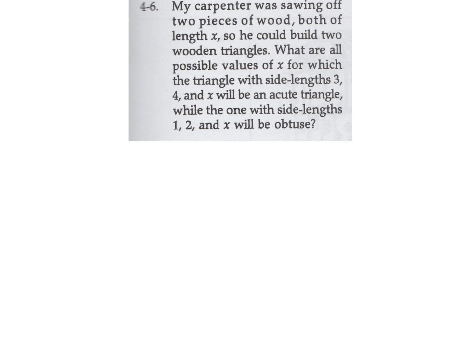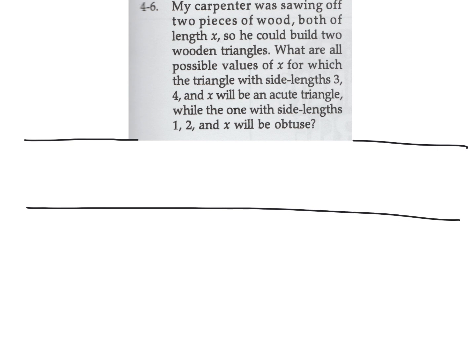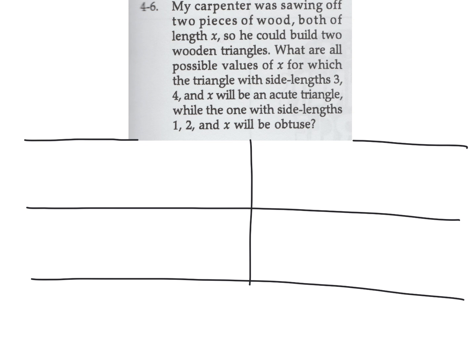Okay, well, I guess we have a few scenarios here. I think we have 4. The first is when we have the 3, 4, and x triangle, and x is the longest side.